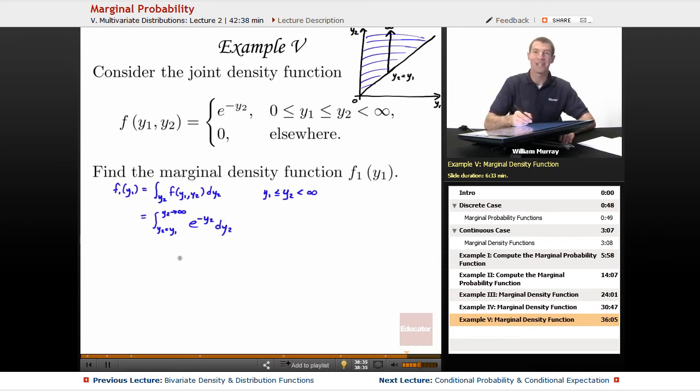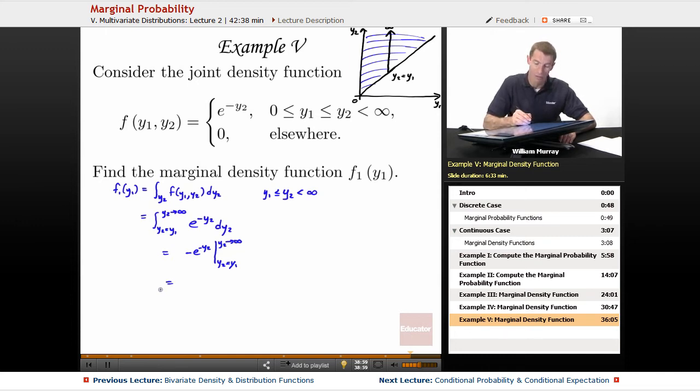Now, the integral of e to the negative y2 with respect to y2 is negative e to the negative y2. I did a little u substitution in my head to get that integral, and I want to evaluate that from y2 equals y1 to y2, taking the limit as it goes to infinity.